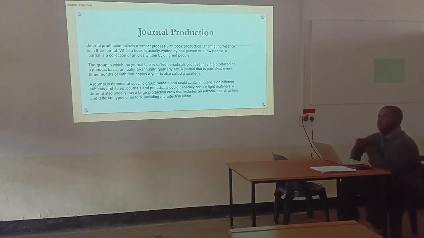Every month it will be coming out. Some will be coming after 2 months. So they have that pattern, that usually they are published every specific period, biannually, quarterly, or whatever.